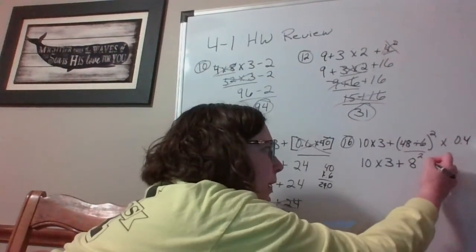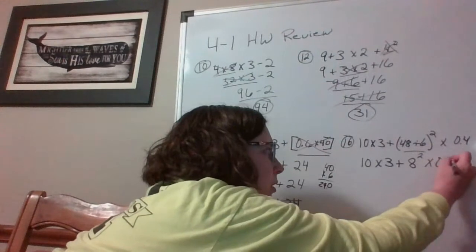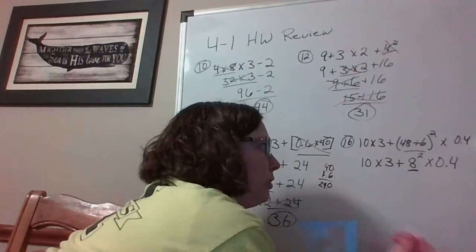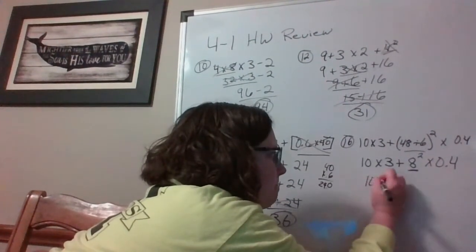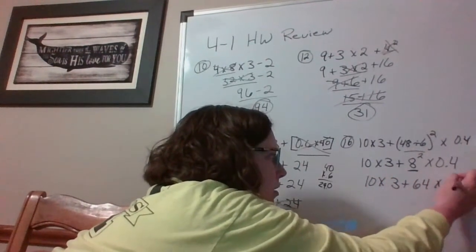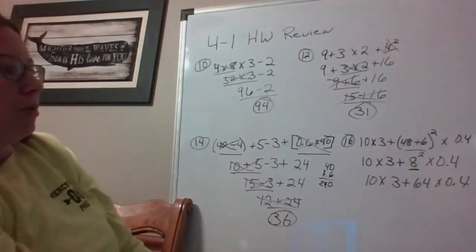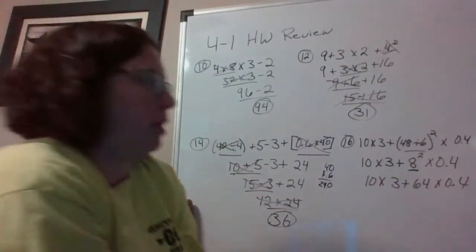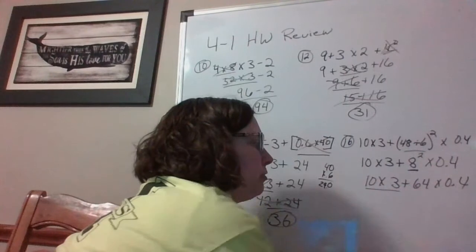You still have a square on that. Next up would be to square that. Okay, so then we are going to multiply and divide left to right.